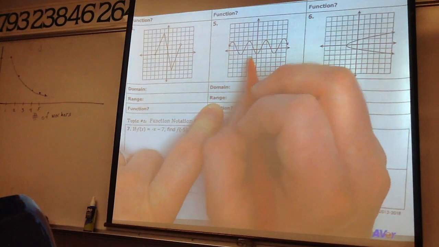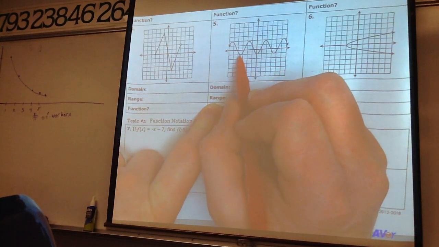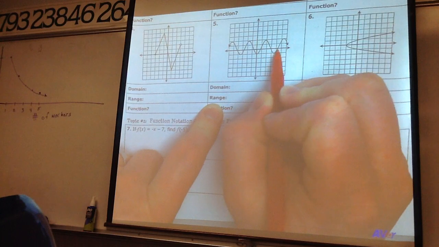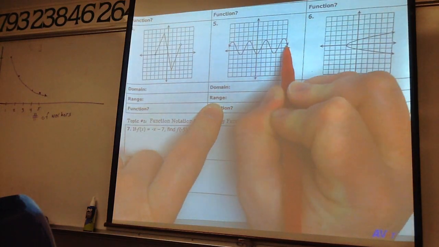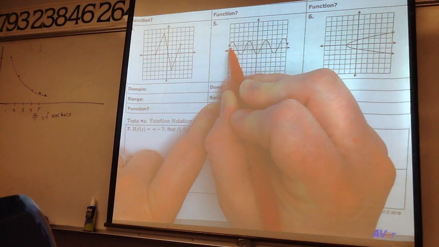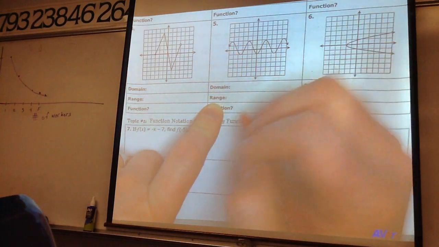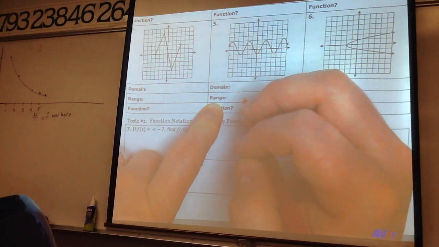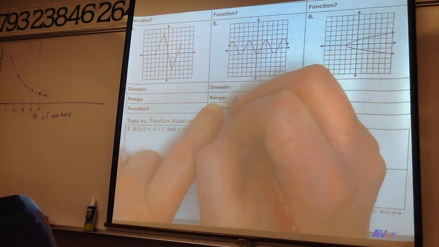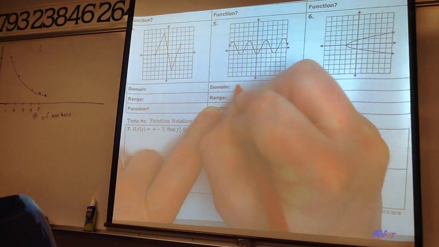It hits decimals. It hits 1, 2, 3, 4, 5, 6, 7, 8, 9, 10. Does it go on forever to the right? Yeah, there's an arrow. It goes on forever to the left. So what's it hit? Everything. And how do we say everything in math? All real numbers.